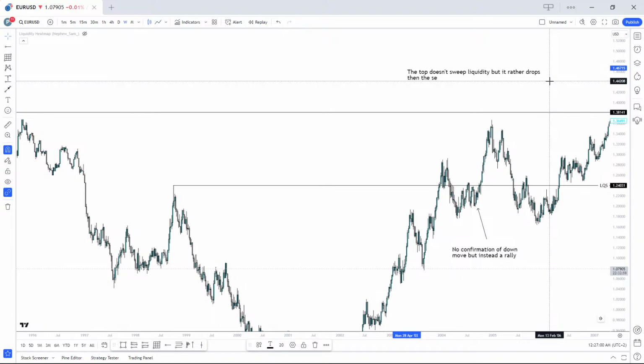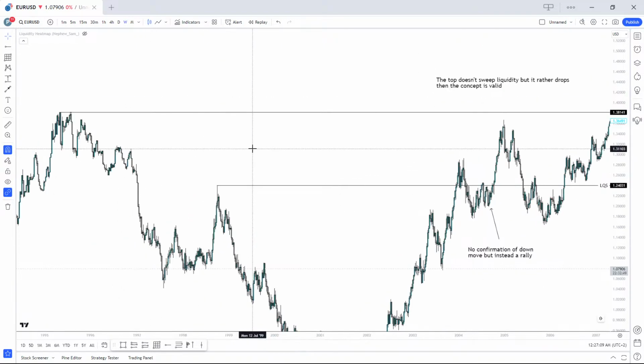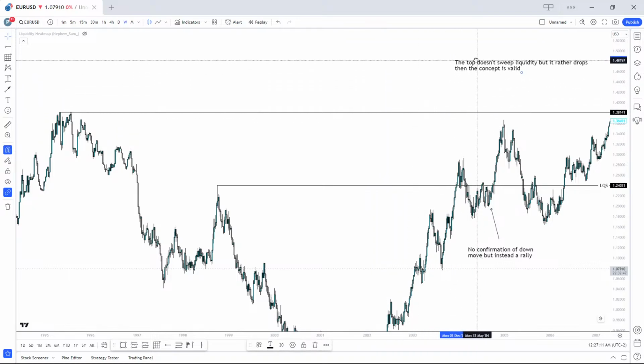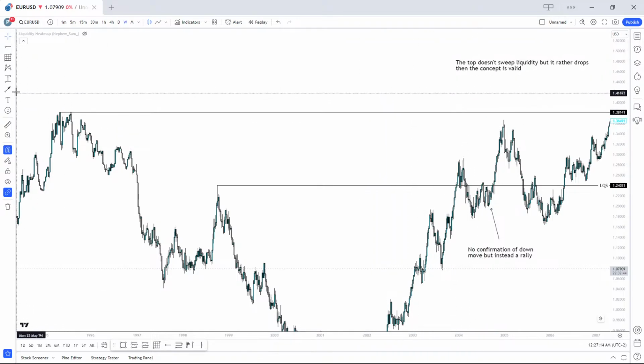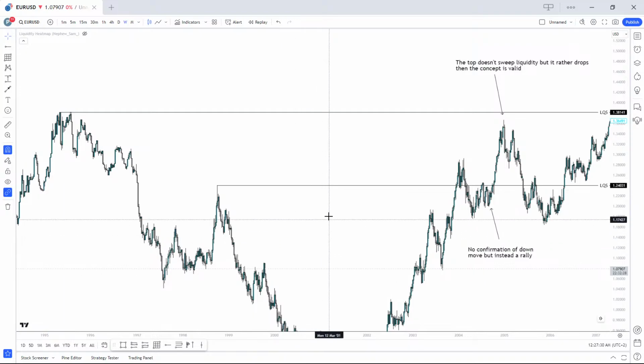Then we set the concept. I would actually like to name this concept. Alright. Let's set some arrows. This stuff doesn't reach the liquidity. So this would be our potential liquidity sweep.